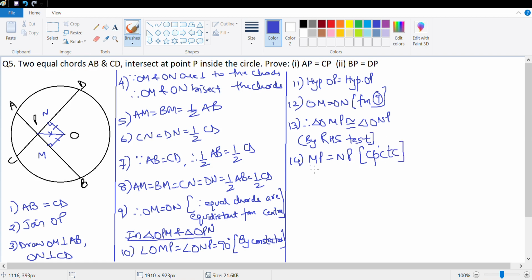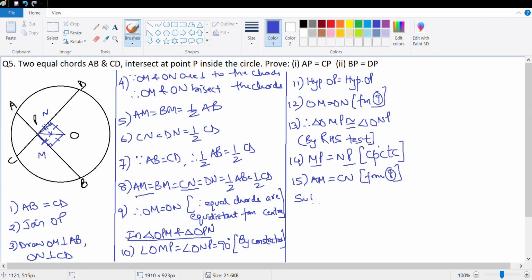Now I have MP and NP equal. Let's see how does this help me get AP is equal to CP. Okay, I know AM and CN are equal, so let me just subtract these two. Okay, so number 15 would be AM is equal to CN. This is from 8.